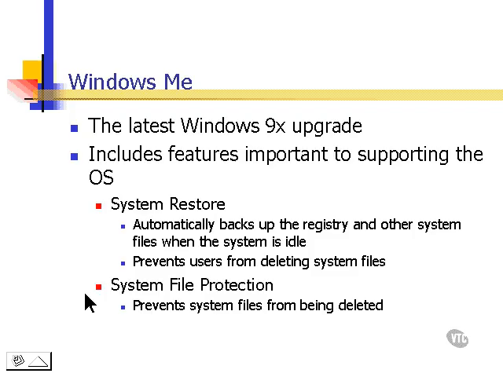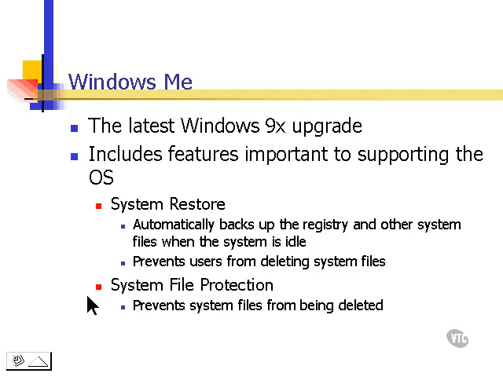And System File Protection prevents the system files from being deleted by other applications when applications are installed. So Windows Millennium Edition does even more to basically protect us from ourselves from hurting the operating system and causing it not to function.